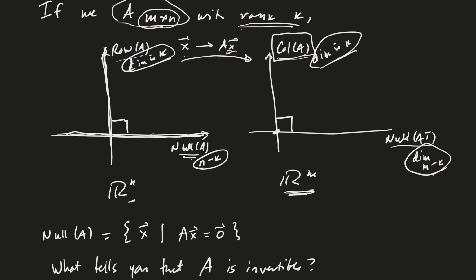And so that means that the dimension is n, which means that the dimension of the row space is n, which means that what's the dimension of the null space of A? 0. Right, the null space only contains the zero vector. Good. So that's just a quick example of how the four subspaces help you determine what's going on. Good. All right.